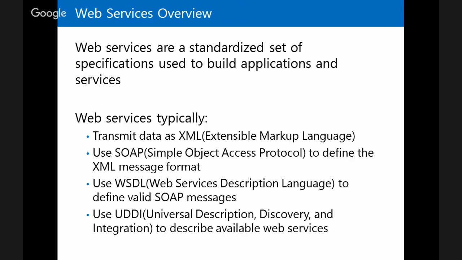And in there, we encode the data. We say this is a customer that has an attribute like an address and that type of stuff. Great. So when a web service wants to talk to another web service, it's going to exchange data through an XML file.